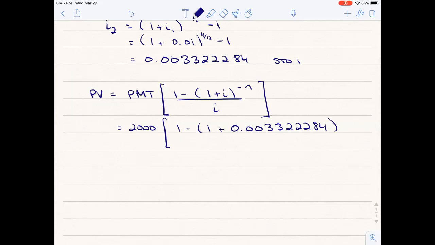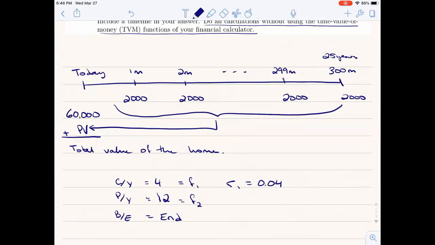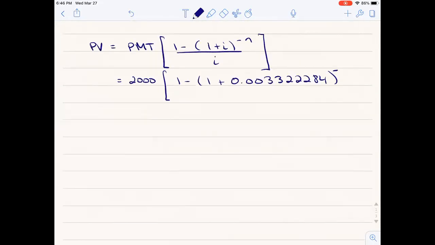To the negative n. N was what? 300 payments? 300 over 0.003322284.